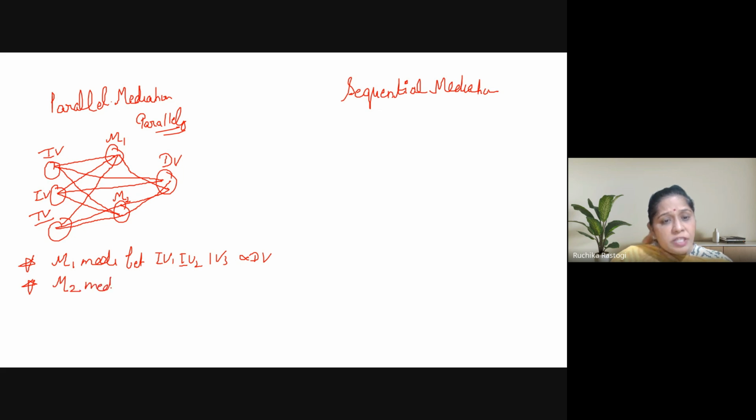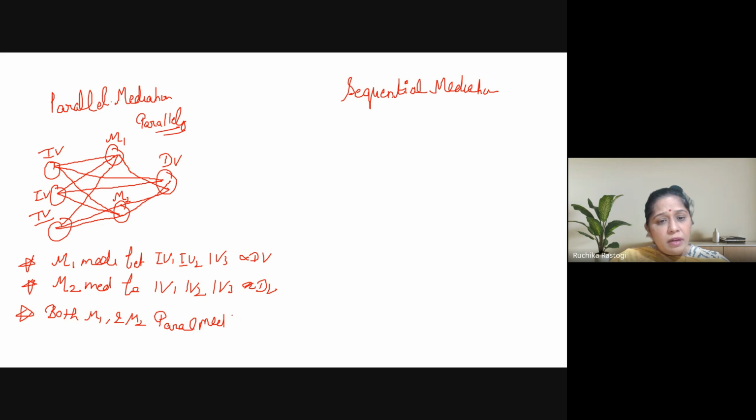M2 mediates between IV1, IV2, IV3 and DV. And what is my third hypothesis? That both M1 and M2 parallelly mediate between IV1, IV2, IV3 and DV. Is it clear?